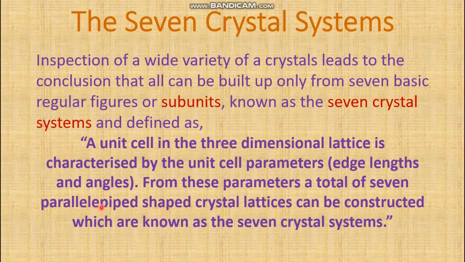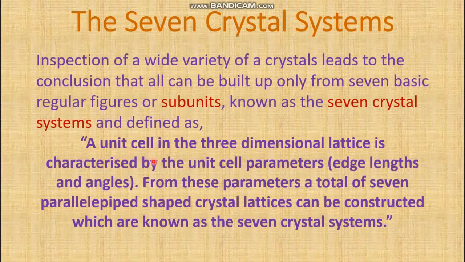As I have said, the solid form of a parallelogram is called parallelepiped. That means each face is a parallelogram, and now it may be a cuboid, it may be a cube, or it may be a rhombohedron. Okay, lattice can be constructed which are known as the 7 crystal systems.